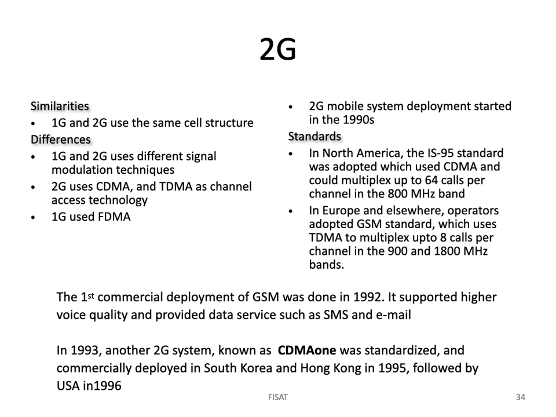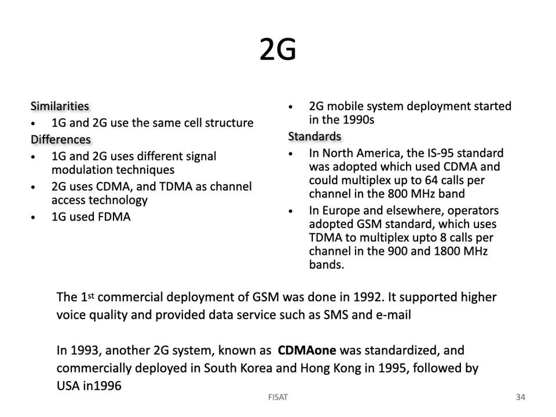The standards used were, in North America, the IS-95 standard was adopted, which used CDMA and could multiplex up to 64 calls per channel in the 800 MHz band. In Europe and elsewhere, operators adopted the GSM standard, including India, which uses TDMA to multiplex up to 8 calls per channel in the 900 to 1800 MHz bands.